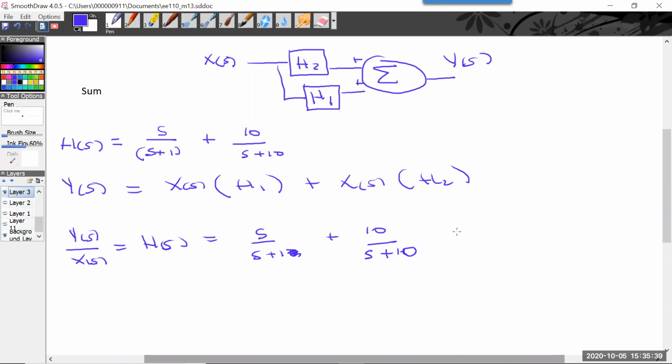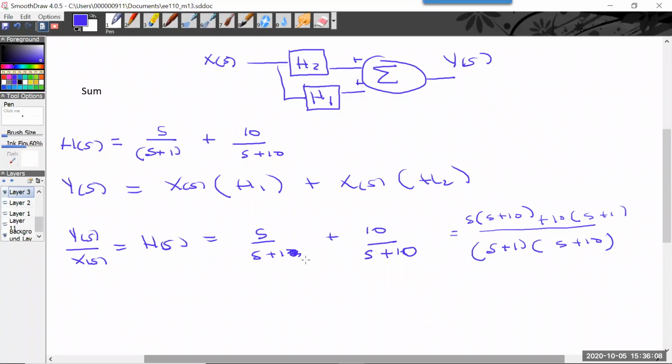So you would have to combine these, and then multiply everything out.